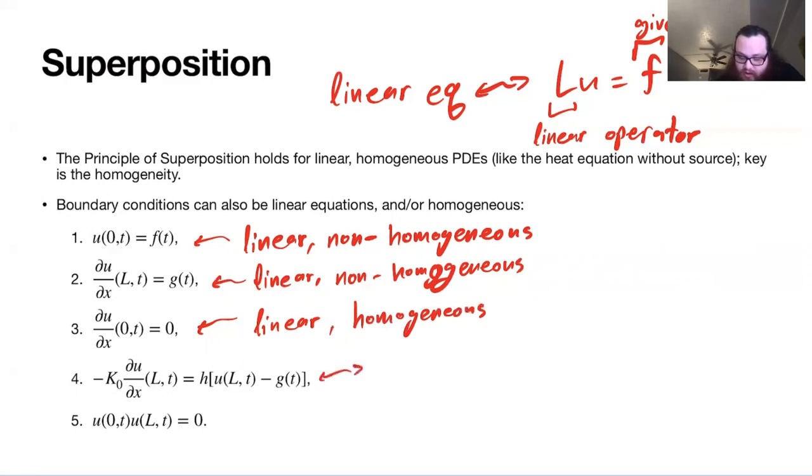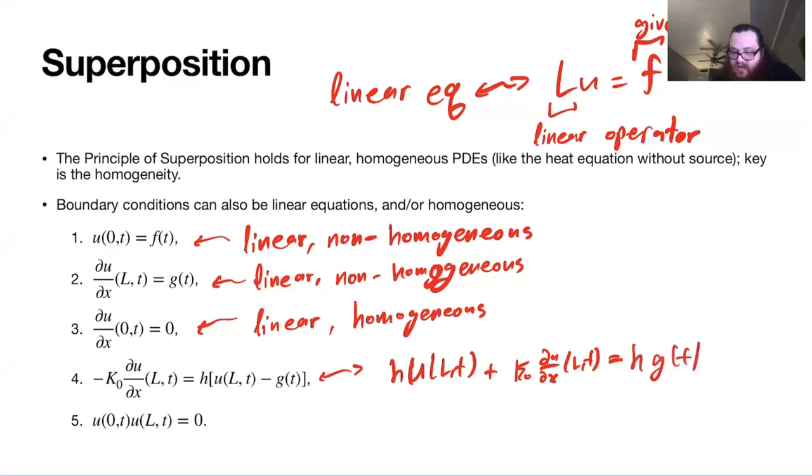I believe it was written in a form like this previously, but we can write this as h times u of l,t plus k0 du/dx of l,t equal to h times g of t. This is linear and it's non-homogeneous.